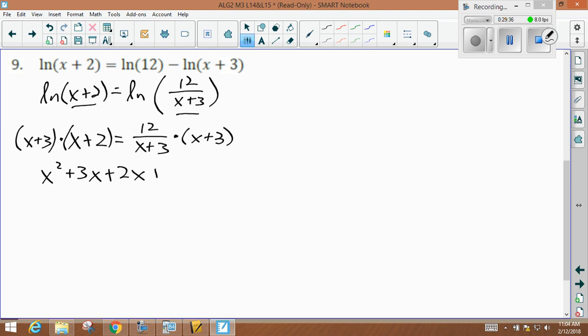I'm talking about foil math-wise. Those canceled, and I wind up with x squared plus 5x plus 6 equals 12. It looks like I got a quadratic equation again, which means I am going to have to subtract 12 from both sides so that I can have a 0 on one side.